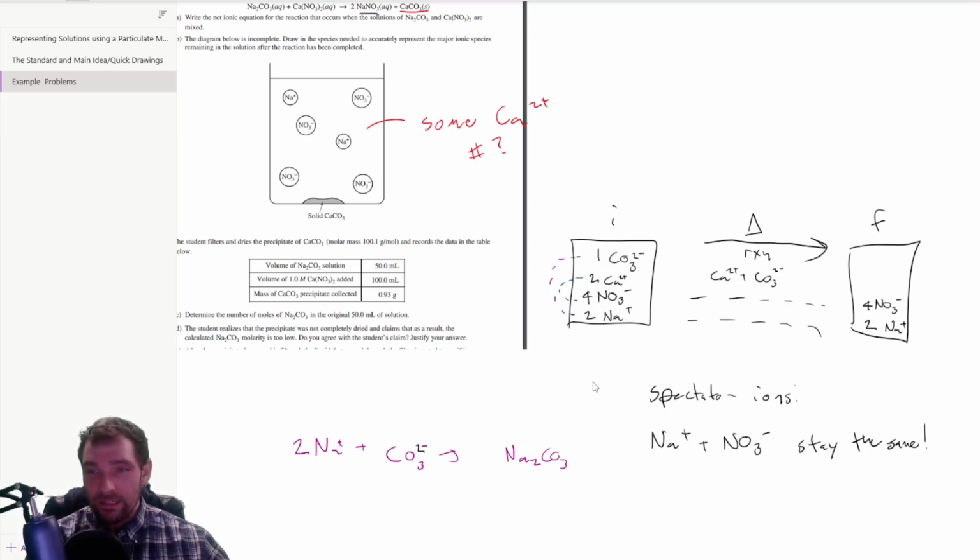So if these guys react at a 1-to-1 ratio, you get 1 calcium carbonate. So there's 1 of these and 1 of these reacting to form 1 of those. And so we have 0 carbonates, but it looks like 1 calcium still left over. So we should have 1 calcium drawn in here.